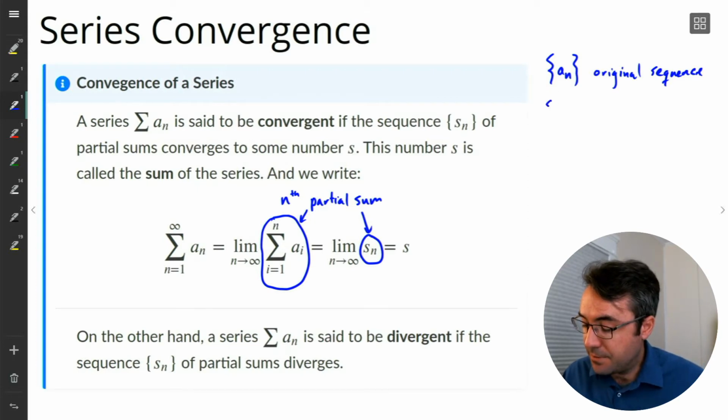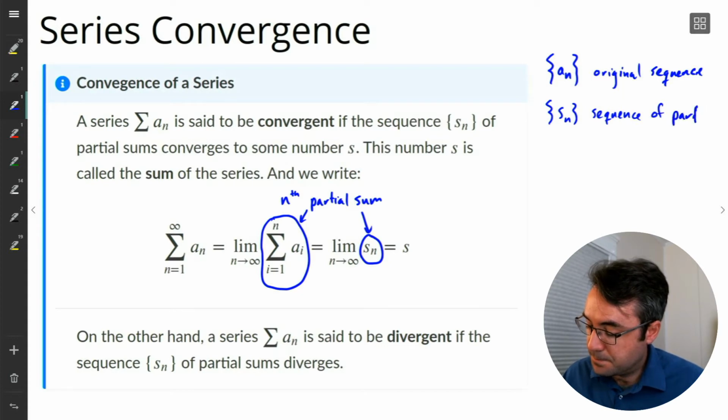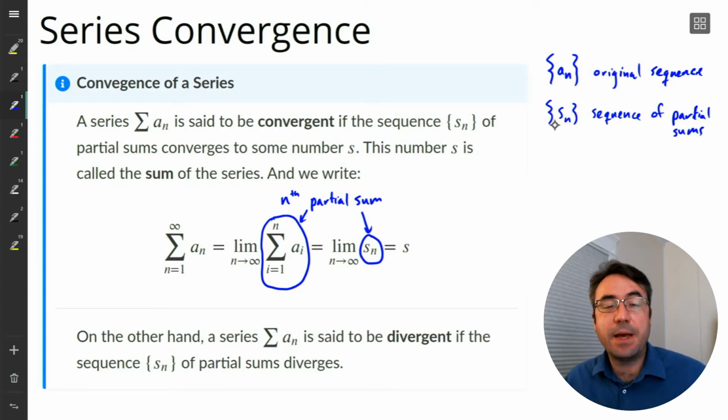Then we have our sequence S sub n. This is our sequence of partial sums. So what we're doing here with S sub n, if we remember, we're taking the first n terms and adding them together. Then to get the next term in this sequence, we take the n plus 1 terms and add all those together.